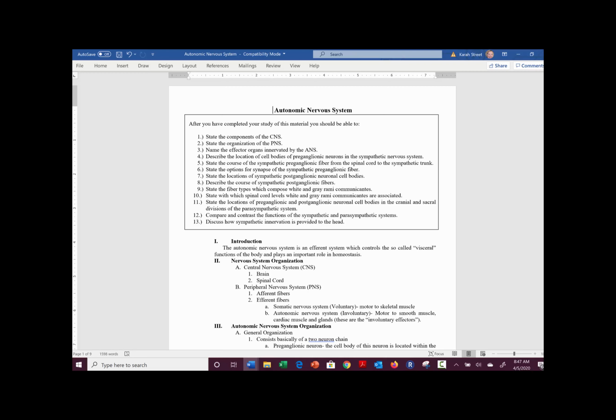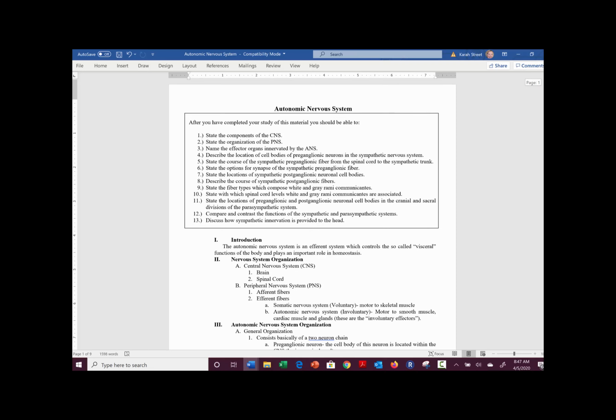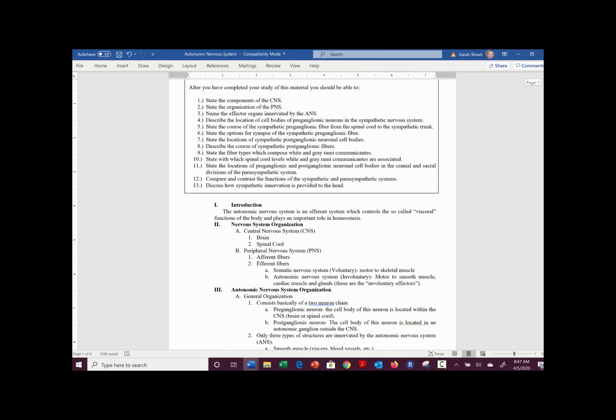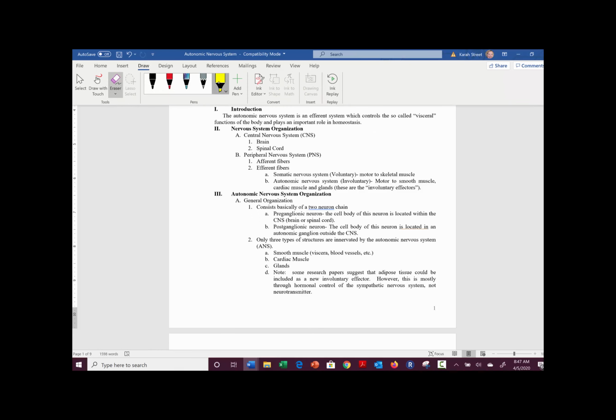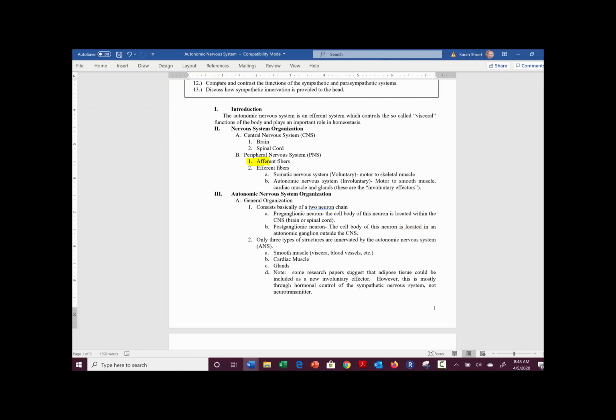So first of all, we know how the nervous system at this point is organized, or at least I hope you know. I also hope that you know already at this point that nerves are a collection of axons outside of the central nervous system, which means peripheral nervous system, and that we can classify those nerves based on how they function, which means, are they afferent?